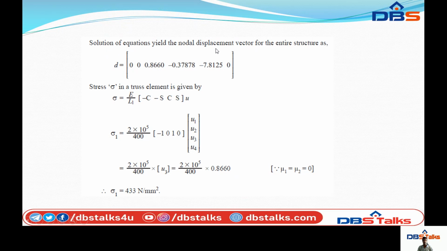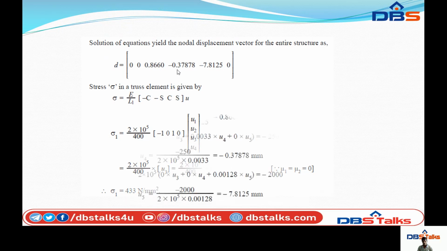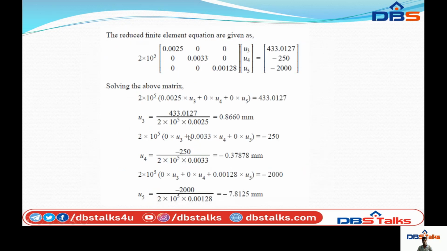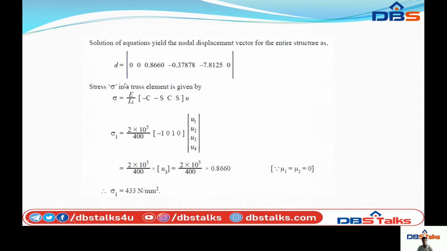Then the nodal displacement vector D. Up to now we have calculated the values of U3, U4, U5; U1, U2, U6 are cancelled. By taking these values into consideration, I am calculating the displacement vector.